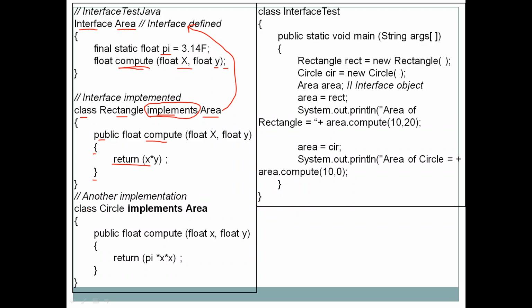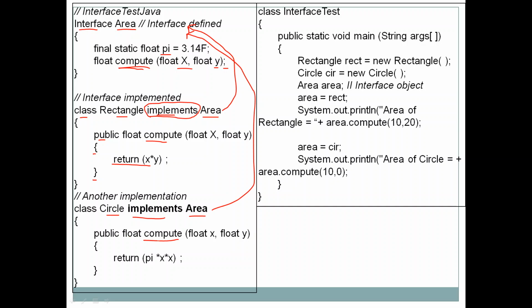In the same way we have one more class, you can see class circle, and even class circle is implementing the interface area. So even this is inheriting the area interface, and again circle is providing implementation for the compute method, but the implementation of circle's compute is different from rectangle's compute, remember.